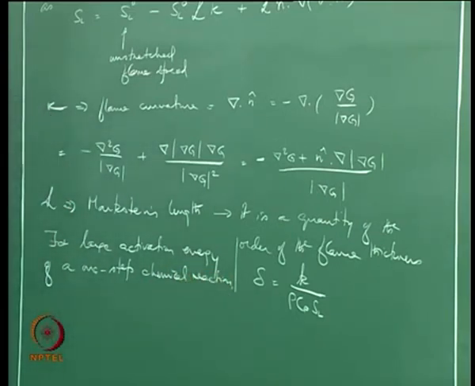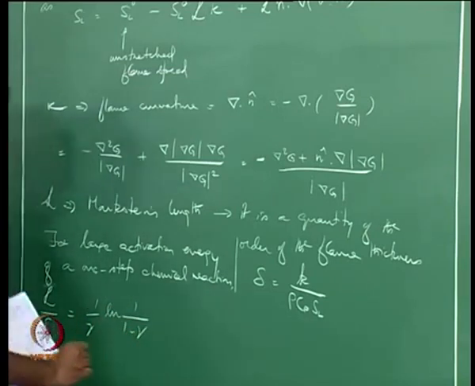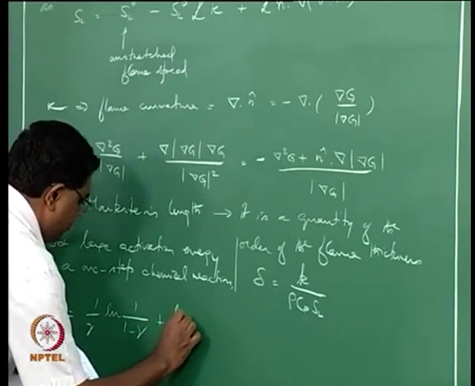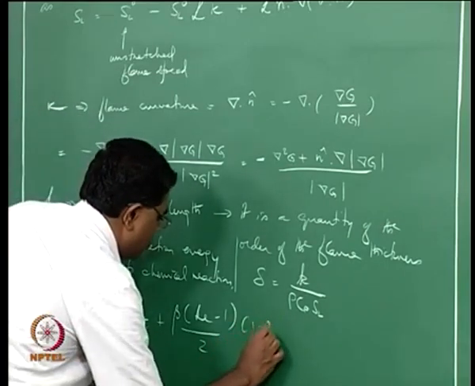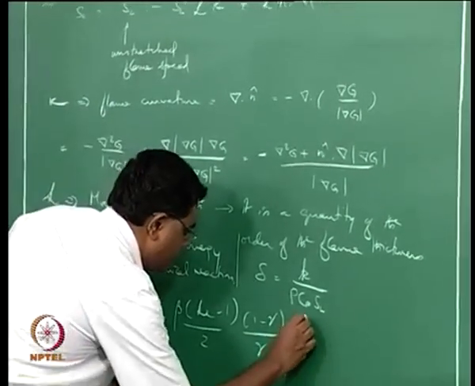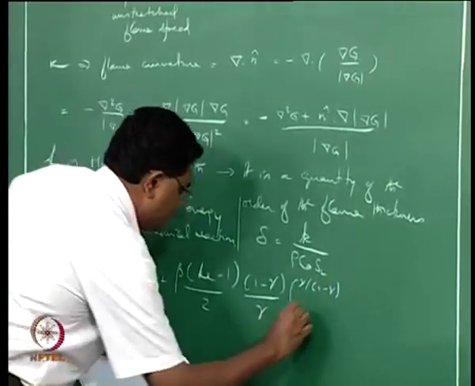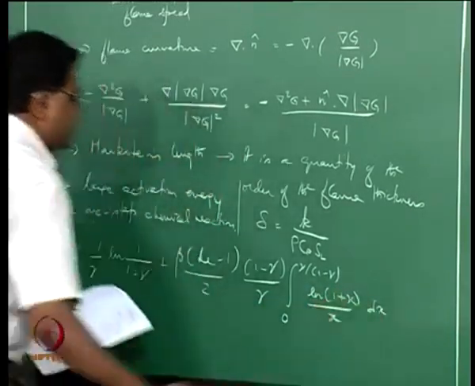So within the framework of assuming a one step chemical reaction with a large activation energy for it, script L over delta is 1 over gamma natural logarithm 1 over 1 minus gamma plus beta Lewis number minus 1 divided by 2 times 1 minus gamma divided by gamma times the integral from 0 to gamma divided by 1 minus gamma of natural logarithm 1 plus x divided by x dx.